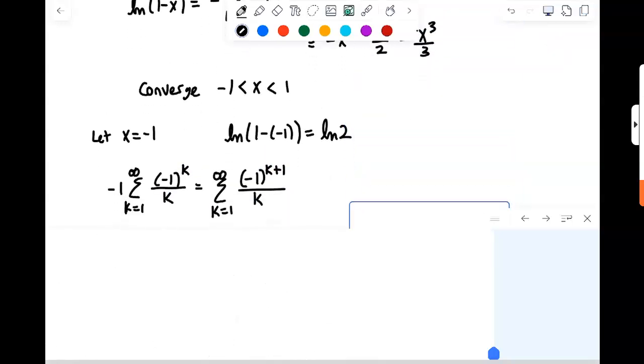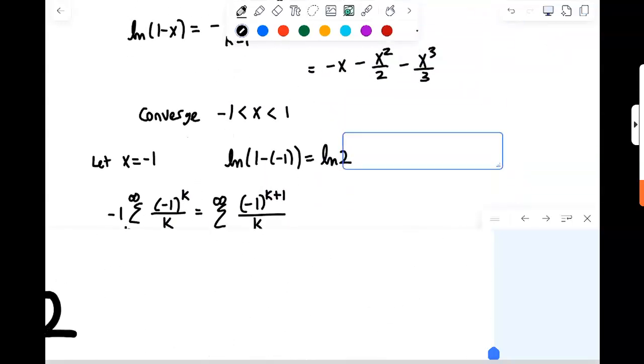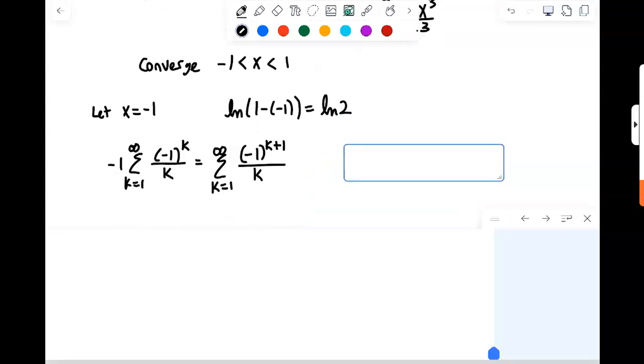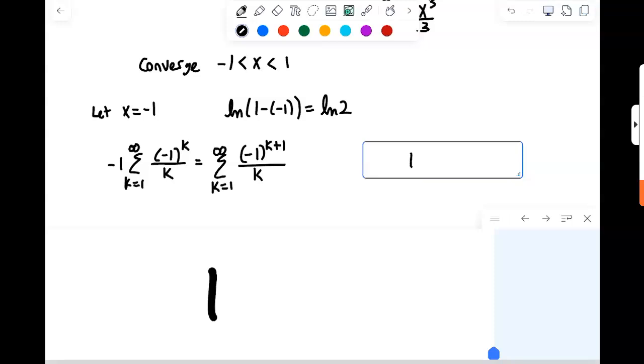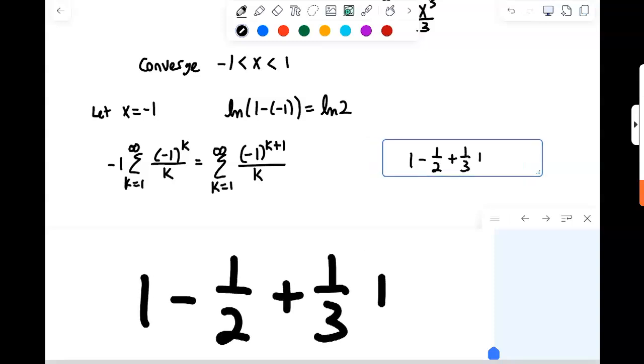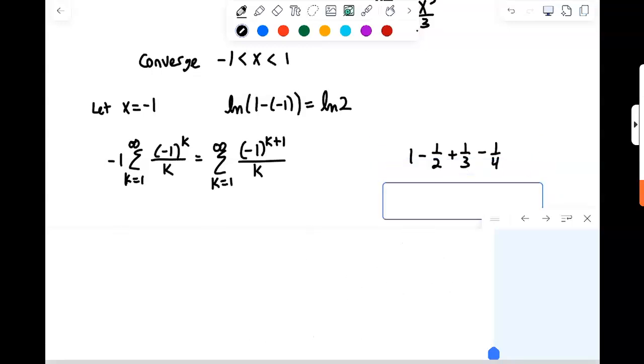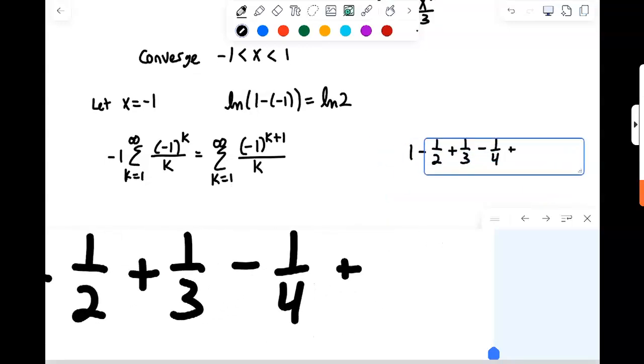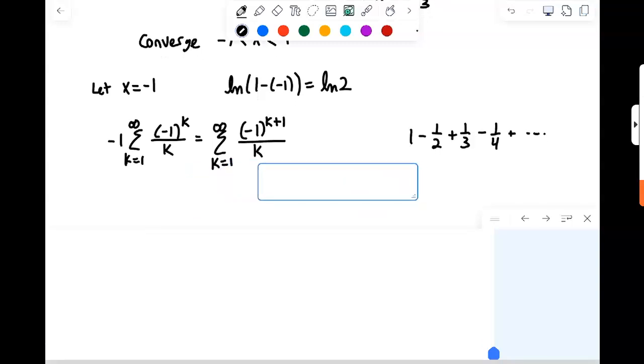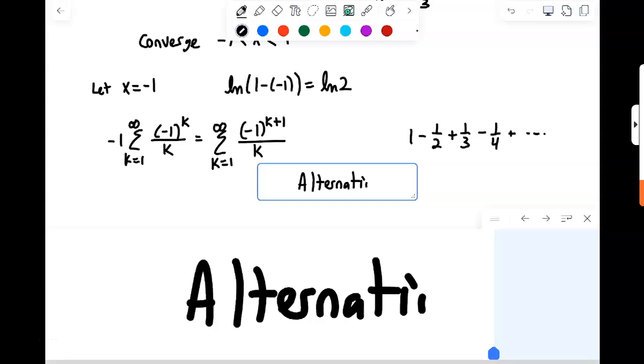And what would that series be when we put on that minus 1? That would be 1 minus 1/2 plus 1/3 minus 1/4. In other words, this is the alternating harmonic series.